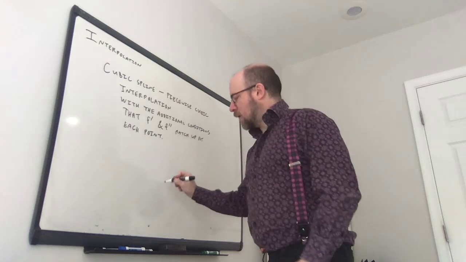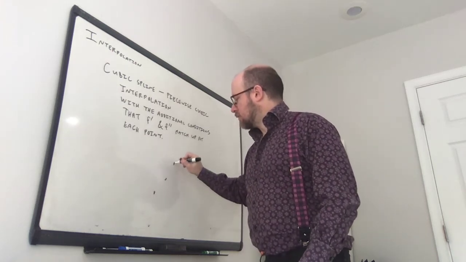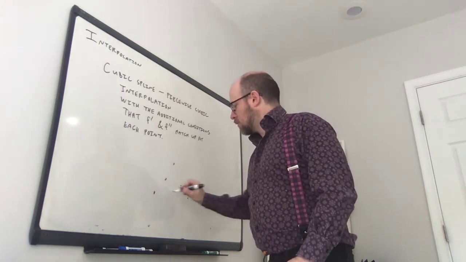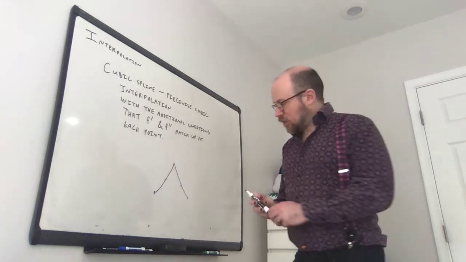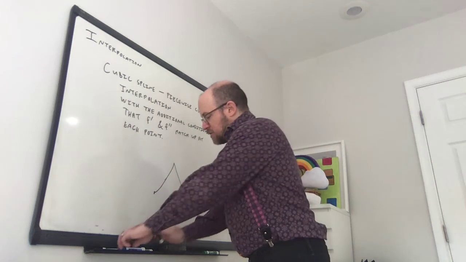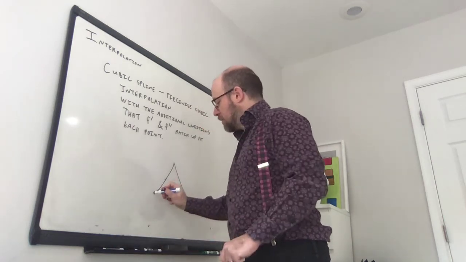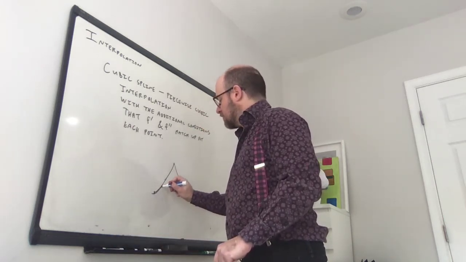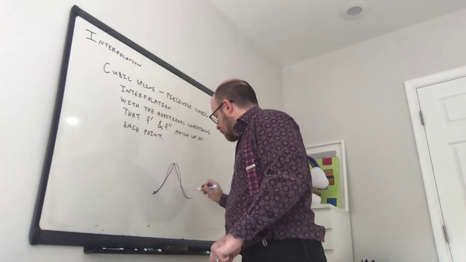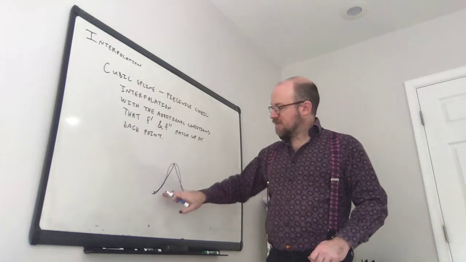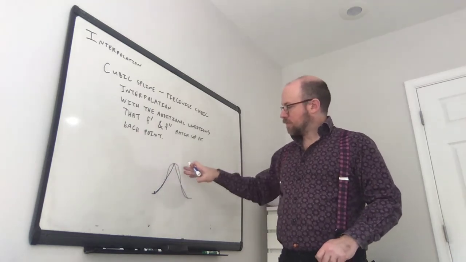Okay? So unlike our polynomial, where we had something like this and something like this, in a cubic spline, what you would do is you would find cubic polynomials between each pair of points. So each of these is its own cubic polynomial.